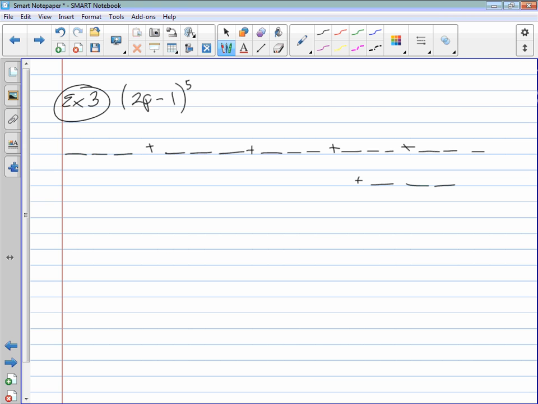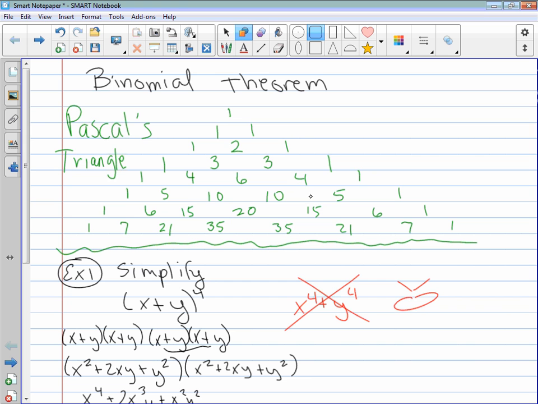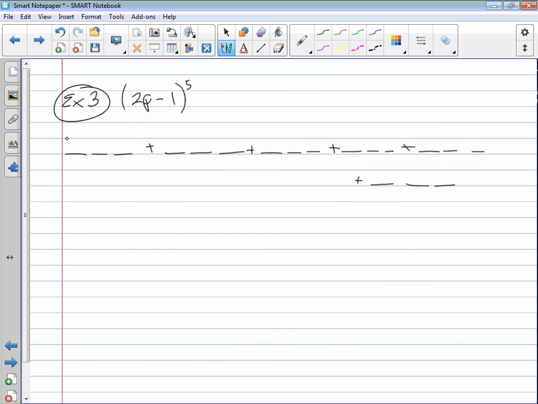All right, now here's where you have to be careful. We can fill in the first blank from Pascal's triangle. If you look at the row that has a 5 in it, it goes 1, 5, 10, 10, 5, 1. So I know that my polynomial, once I expand it, should have coefficients 1, 5, 10, 10, 5, 1. Now, normally you take the first term and the exponents go down from 5. Here's what you have to be careful about. It's not just p anymore, it's 2p.